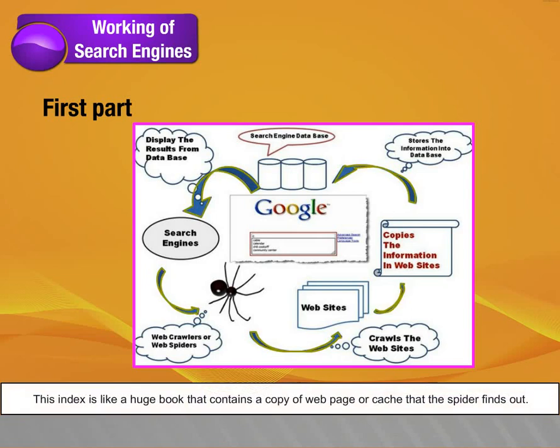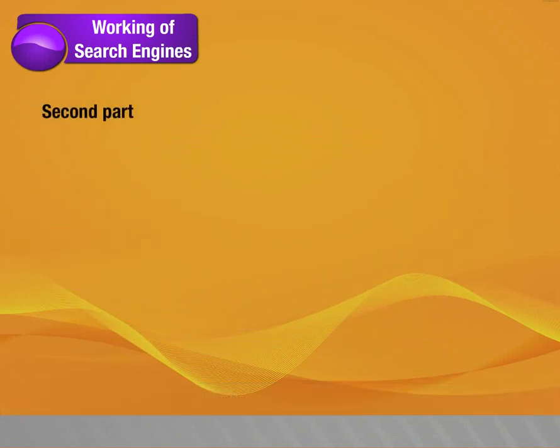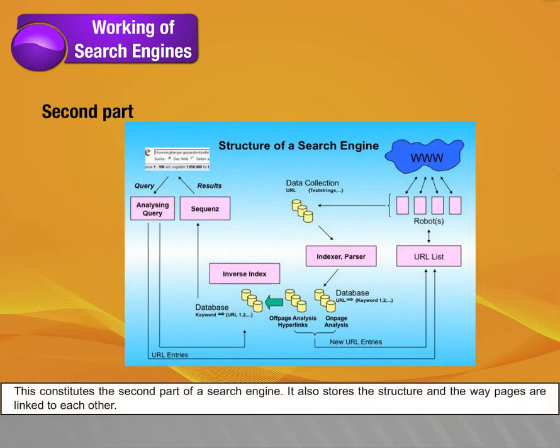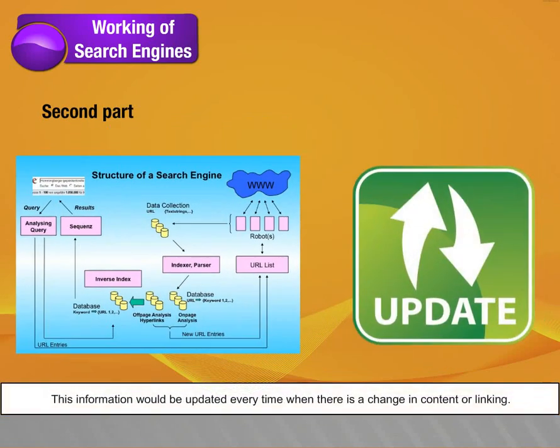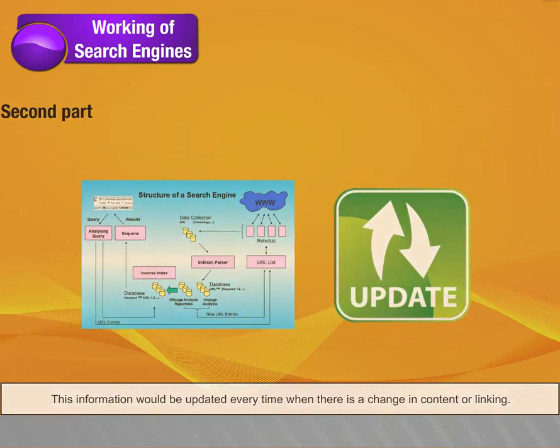This index is like a huge book that contains a copy of the web page or cache that the spider finds. This constitutes the second part of a search engine. It also stores the structure and the way pages are linked to each other. This information is updated every time there is a change in content or linking.